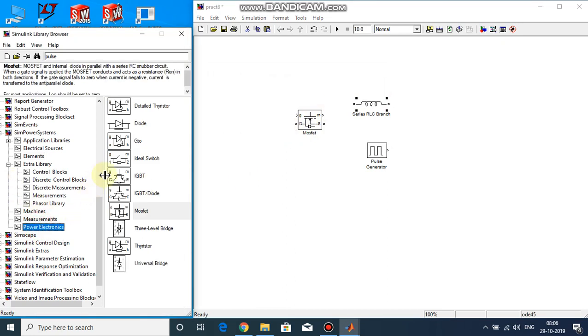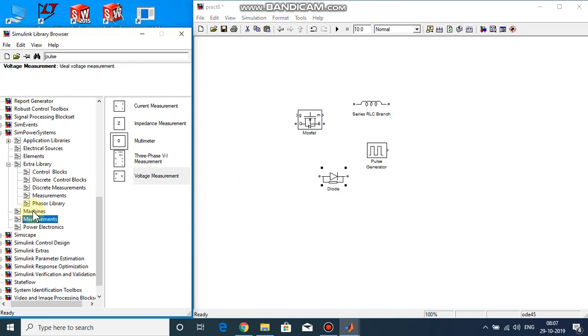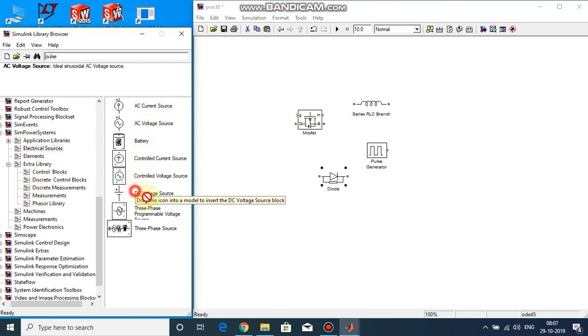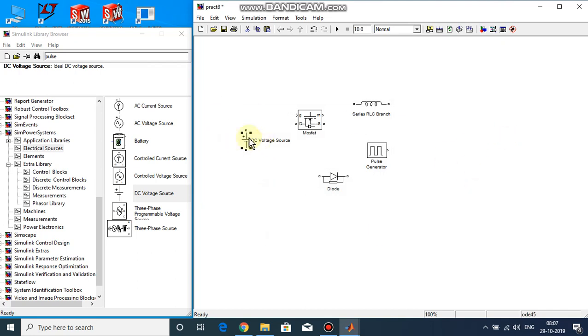Now we have a MOSFET and inductor, and from power electronics we'll take a diode so that there's no reverse current. Last but not least we need a supply, so electrical sources and DC voltage source, and that pretty much sums it up. You can keep the supply at whatever amplitude you want. Let's keep it at the default, 100.